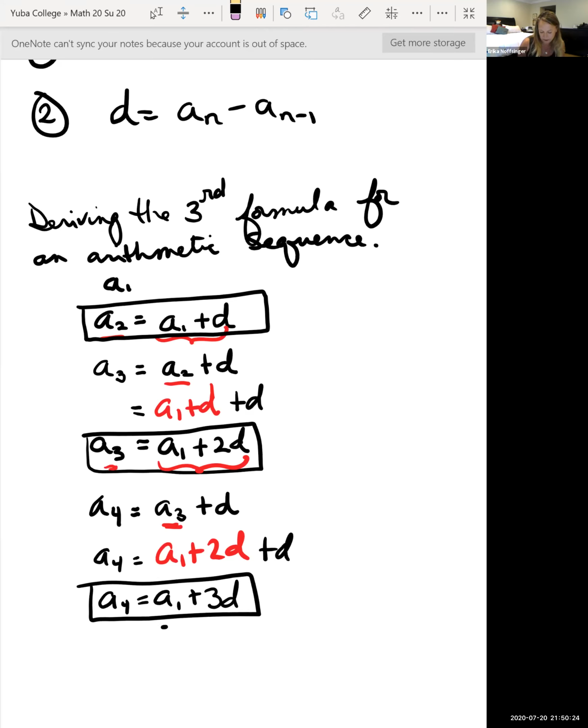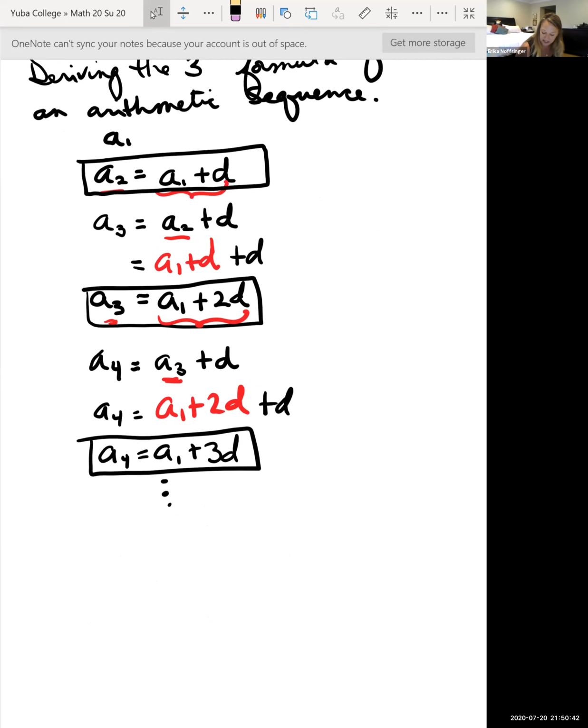So I can keep going, but hopefully you notice this pattern. They all have a sub 1 here, plus some coefficient of d. a sub 2 is 1d, a sub 3 is 2d, a sub 4 is 3d. If you did a sub 5, this would be a sub 1 plus 4d.